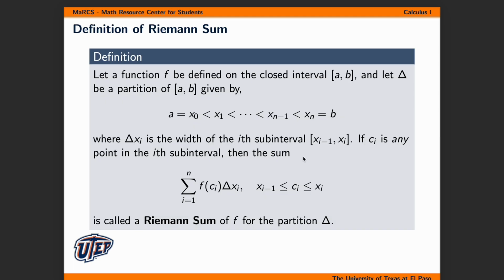So delta xi is the width of the ith subinterval, from xi minus 1 to xi. If ci is any point in the ith subinterval, then the sum from i equals 1 up until n of our function evaluated at the point ci times our delta xi, for ci between xi minus 1 and xi, is called a Riemann sum of our function f for the partition delta.